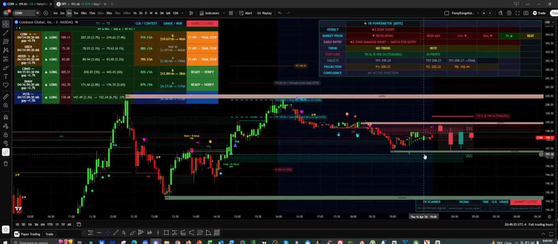Then it looks at the signal scoring, which is the confluence, what actually creates this confluence weighting. Now, the diamonds are very important here, but it's also looking at zone proximity, supply and demand zone. If price is going to go down, do you have a support or a resistance zone here?